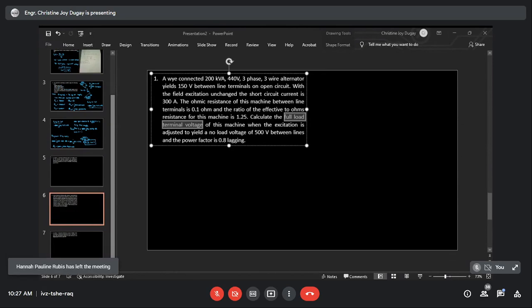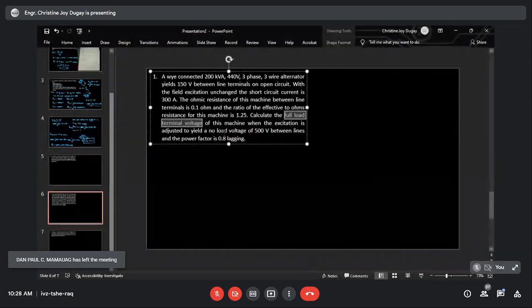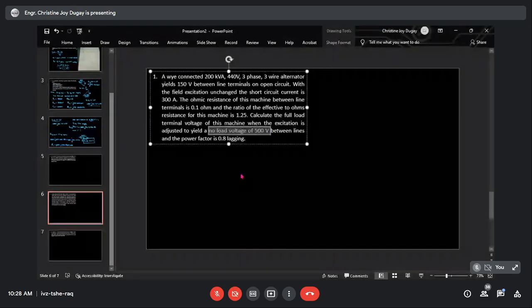Kung yan ang tinatanong. Of the phase. Three-phase po. That is the V phase or that is the output voltage. So, ibig sabihin, ano yung 500 volts dito or yung no load voltage natin dyan? That is now the E-phase po. E phase. Tama po niyan.